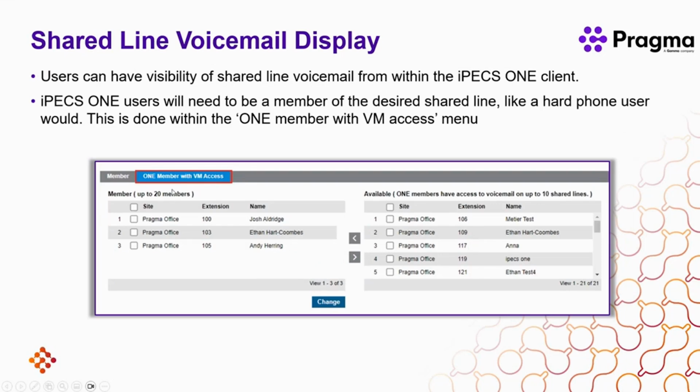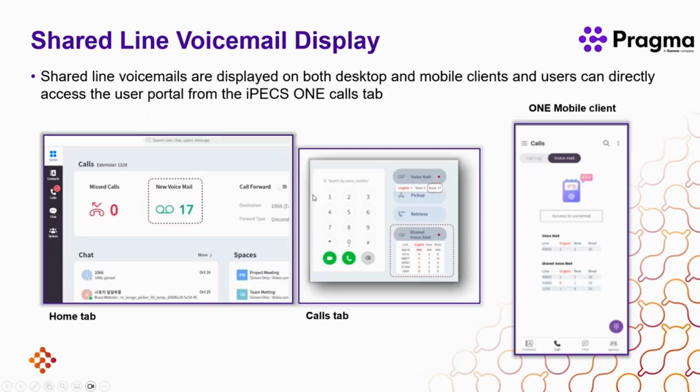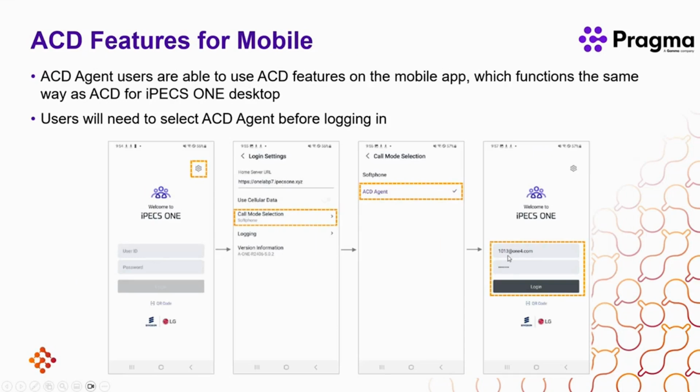As long as that user is part of the one member with voicemail access group on the customer manager portal, they'll have visibility of this. And that's the same across desktop and mobile on the right. Obviously quite a bad screenshot there, but same thing. You can see your own voicemail and then the shared line voicemail display.